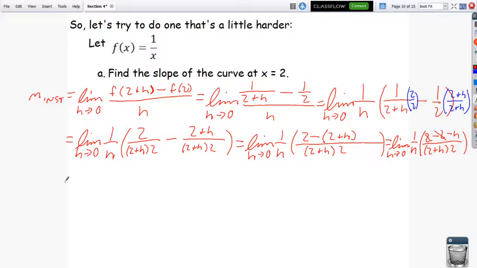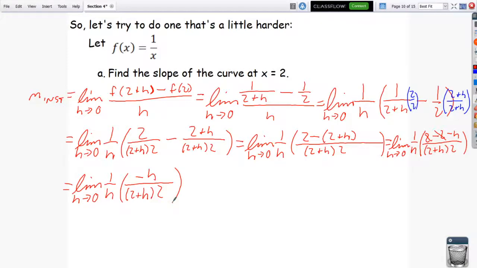And now I'm left with the limit as h approaches 0 of 1 over h times the quantity of negative h over quantity 2 plus h times 2.